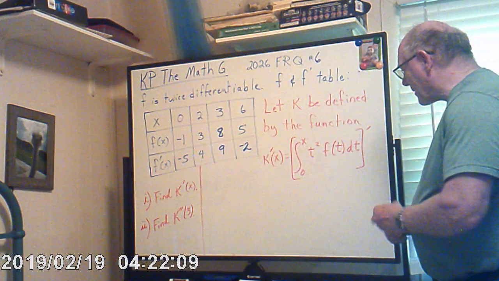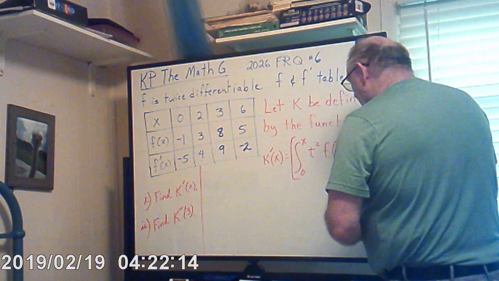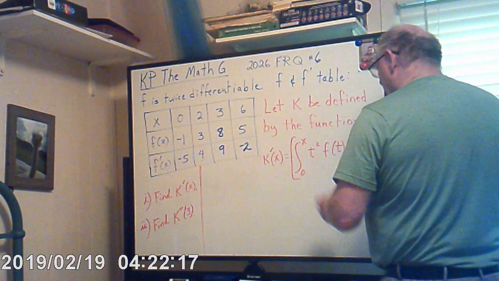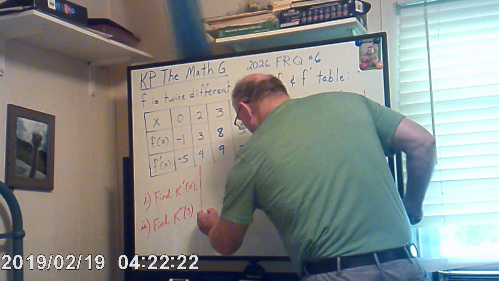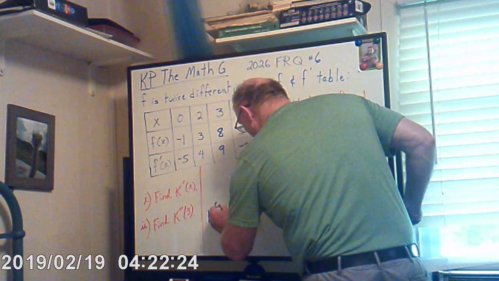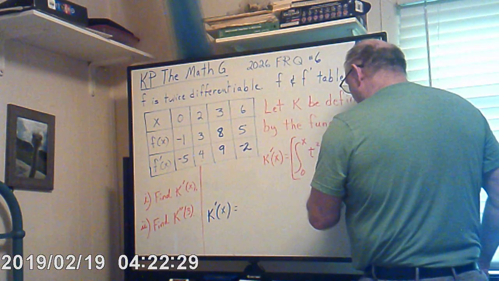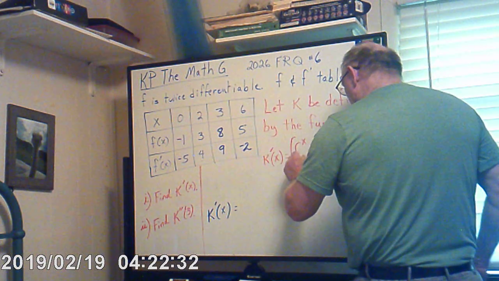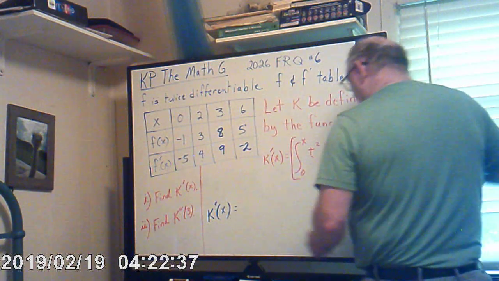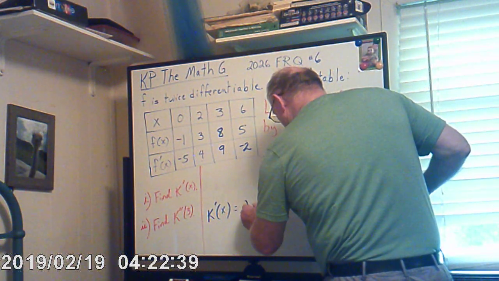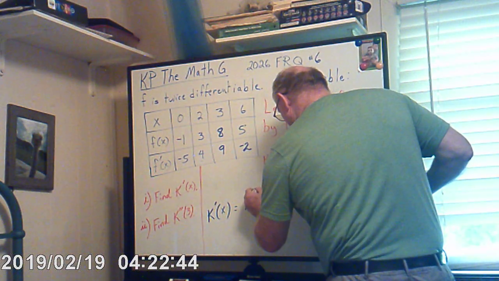Alright, so here's how it works. Let's do a different color maybe. We're going to take the antiderivative, we're going to have to flip this over. But anyway, here it is right here, K at x, K prime at x. Now when you just do this simply, everything is the same. All you're doing is, instead of t squared, it is x squared.